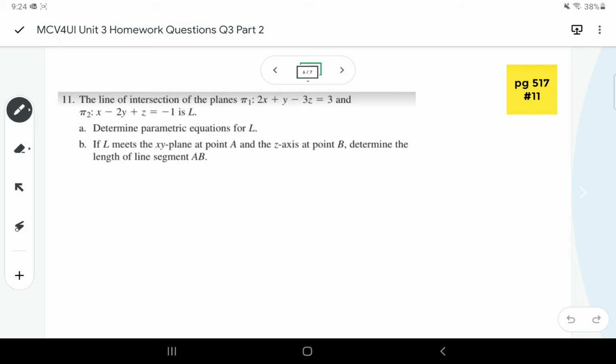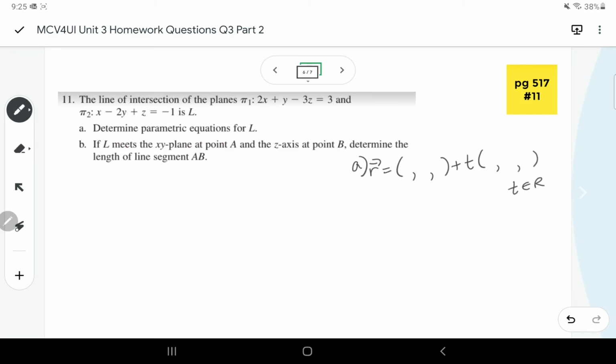There are an infinite number of possible equations that would represent this line. So remember that there's no unique equation for a line in R3. So I'm going to set this up and say that this is a point plus t times this.